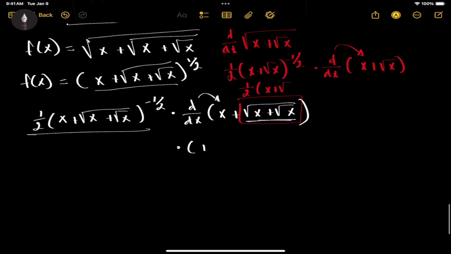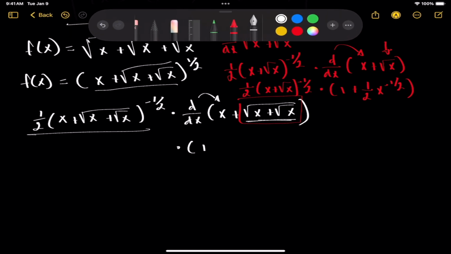I'm rewriting the left side in red. And times 1 plus, and this one here, the derivative of root x, if we can imagine, is just x to the power of half. And that again is just half x to the negative half. And then closed parentheses. All right, here's where it's very important.